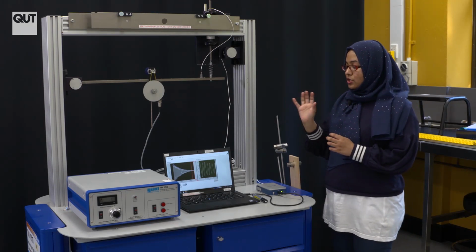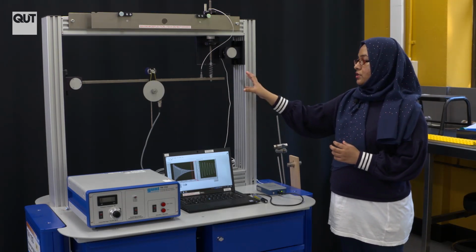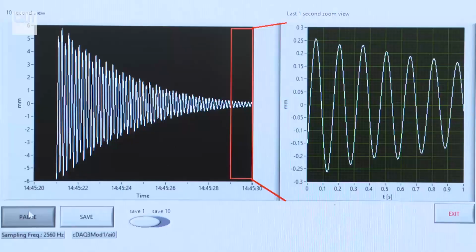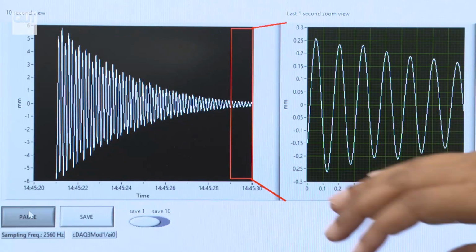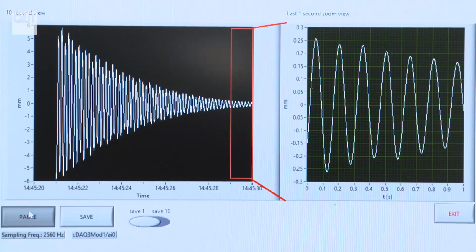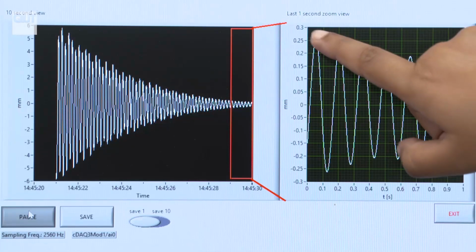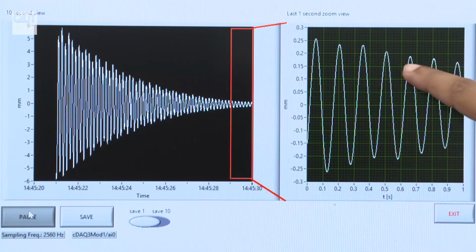Now, let us measure the natural frequency of this system. If you look at this 1 second window, to find the natural frequency, it is number of cycles divided by time. So time is 1 second. If we just count the number, that would give us the natural frequency. So 1, 2, 3, 4, 5, 6, 7.